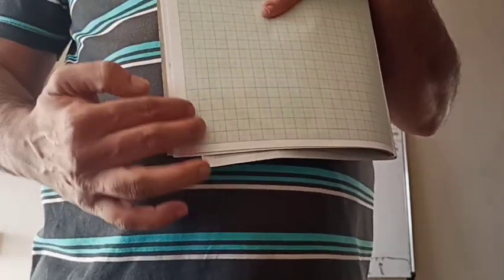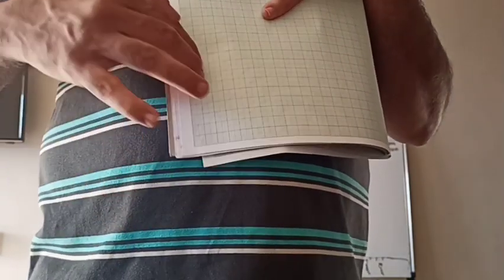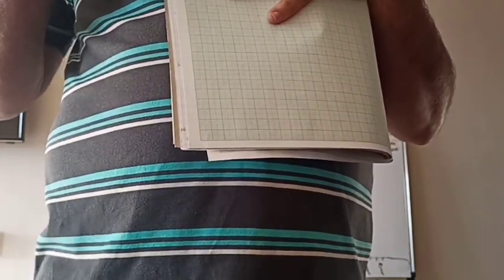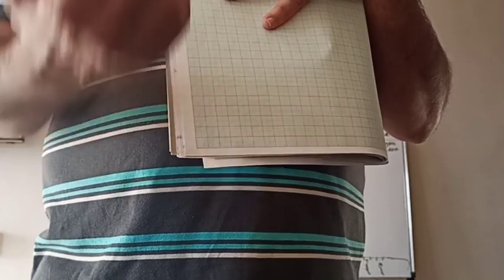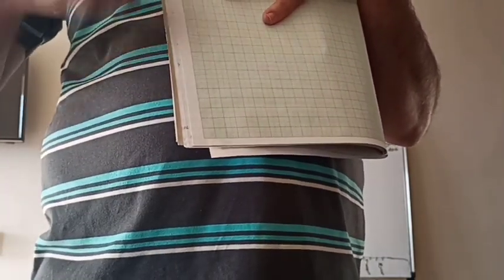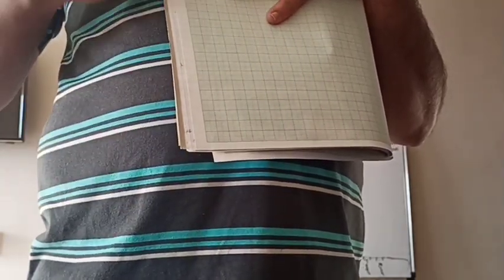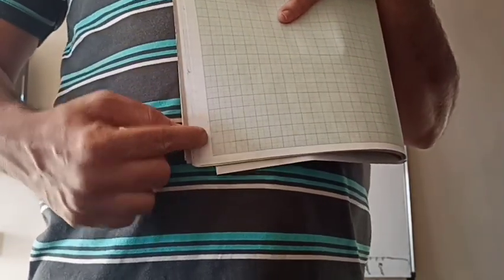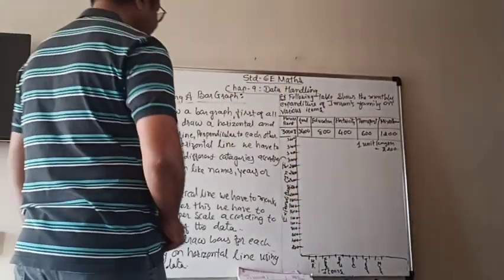So now we have to check how many blocks are here, and according to that we have to choose a proper scale so that the highest amount also can be accommodated here. And according to that then we will draw the bar on the horizontal line.